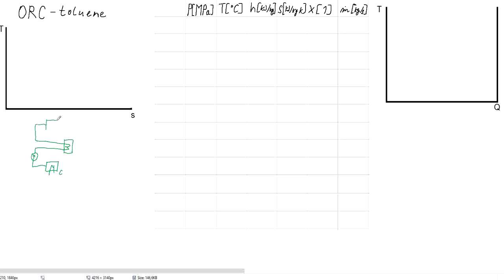Following is the heat exchanger for the heat addition, evaporator, turbine, or generally an expander. Then, as we expect the vapors to be superheated, they will go into the recuperator and back into the condenser.